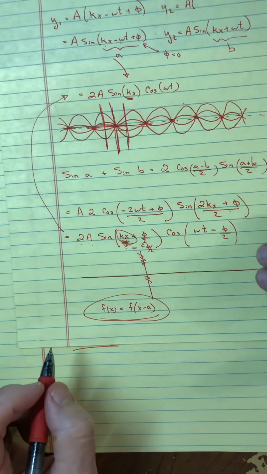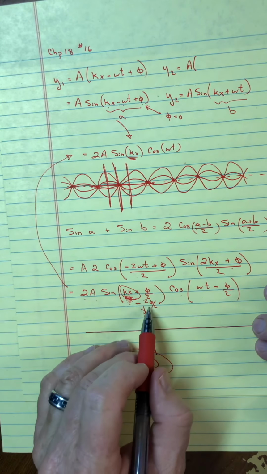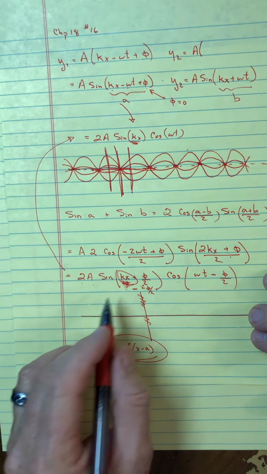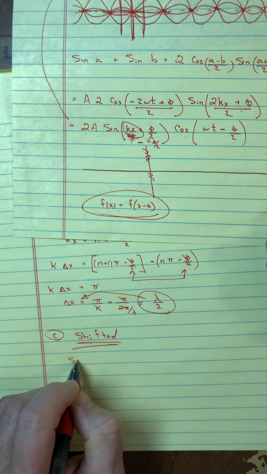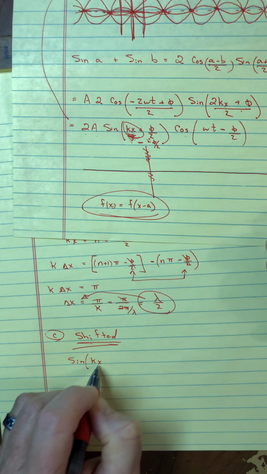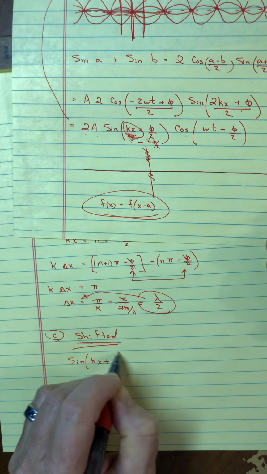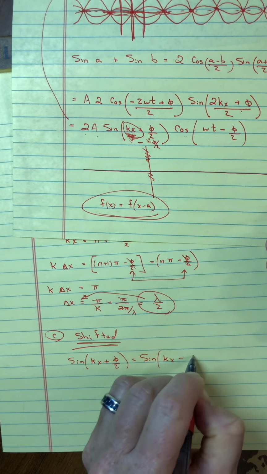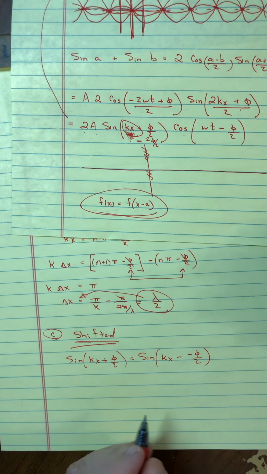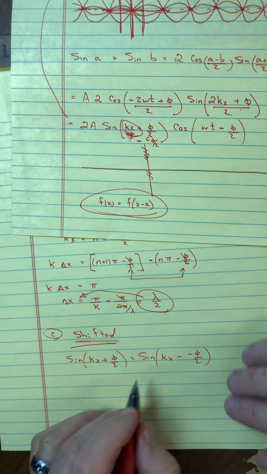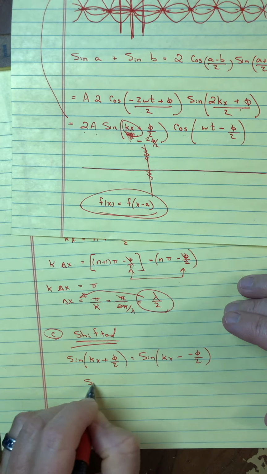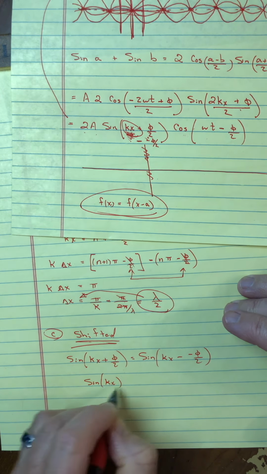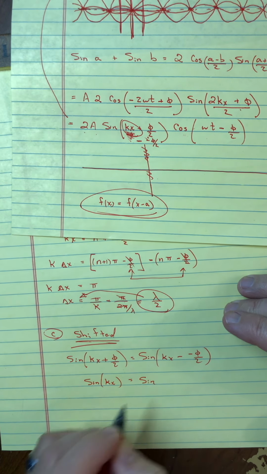As we mentioned in the mathematics, we could write sine of kx plus phi over 2 as sine of kx minus a negative phi over 2.